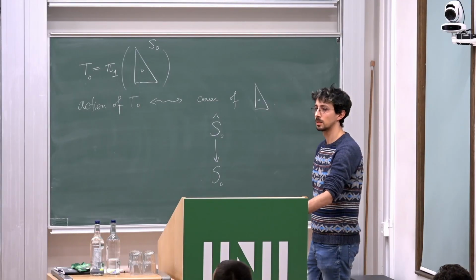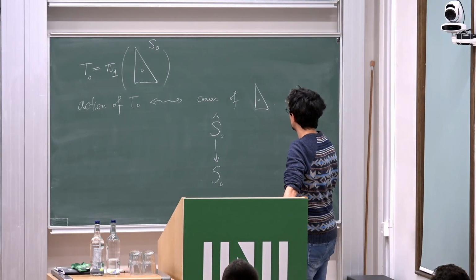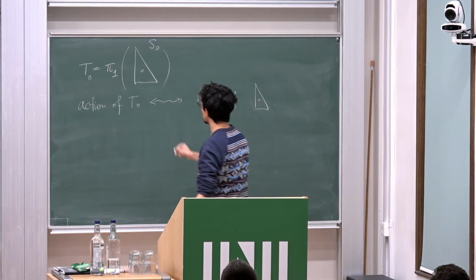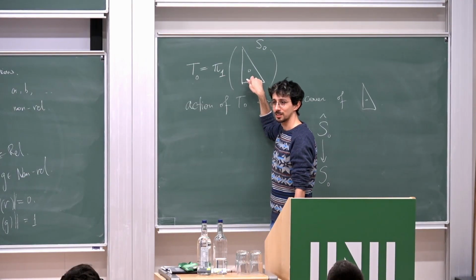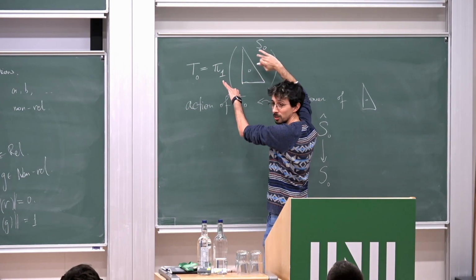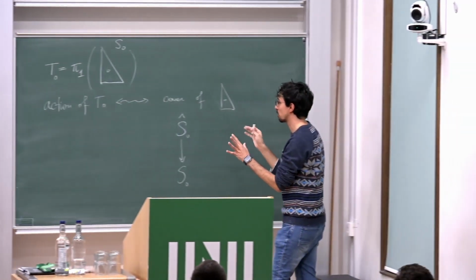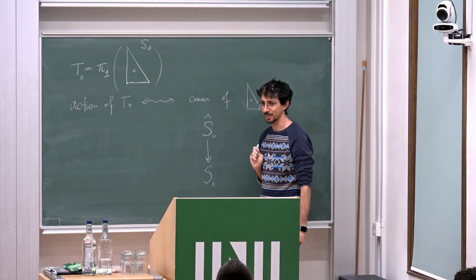Say orbifold, you mean you remove this point from each one of the triangles? Like what exactly is this picture? I'm sorry. So this is the pi1 of this orbifold. It's not just the circle. It is just a circle, okay? But I want to think of the triangle minus a point because I'm going to fill back the point into this picture later.